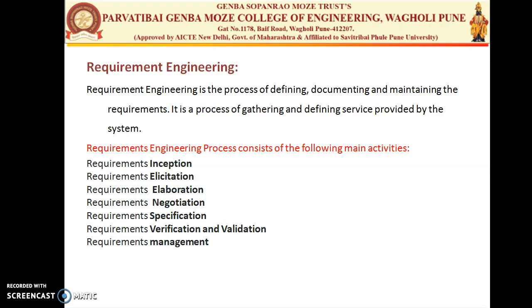They understand what the impact of the software on the business will be, what exactly the customer wants, and how the end user will interact with the system. All this understanding needs to be captured while taking the requirements for building the software. The software engineers and the other project stakeholders all participate in this requirement engineering process.